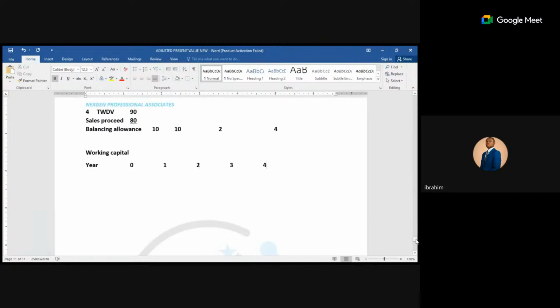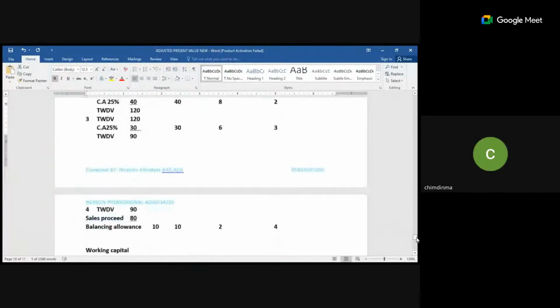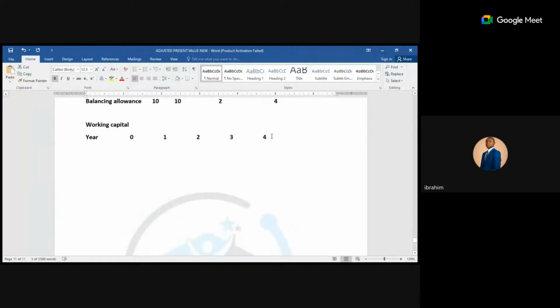And we're told that working capital is how many percent of sales? 20% of the anticipated sales.